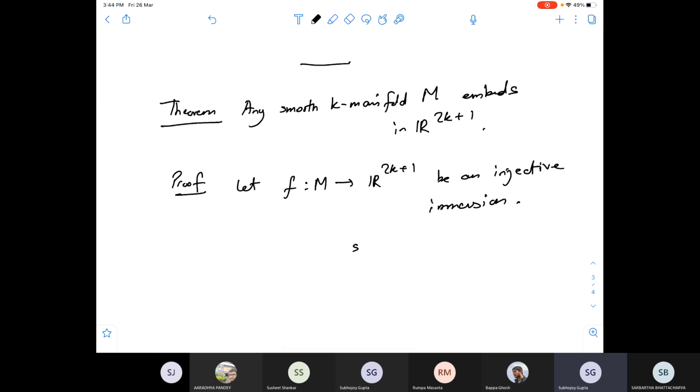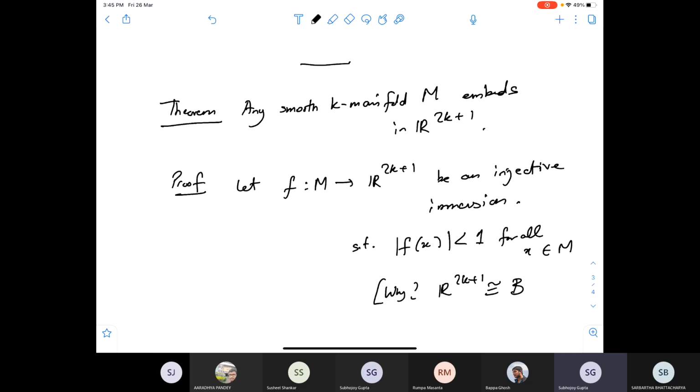We can also ensure that this image is a bounded set in R to the 2k plus 1. It's contained inside a ball of radius 1. Why can you ensure that? It's because R to the 2k plus 1 is diffeomorphic to a ball of radius 1, say the ball between 0 and 1 inside R to the 2k plus 1.